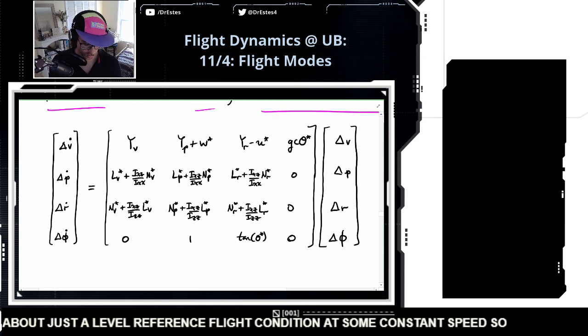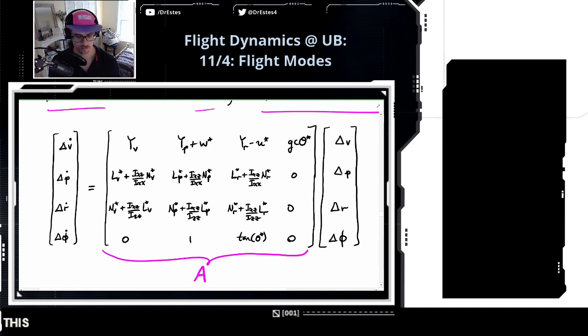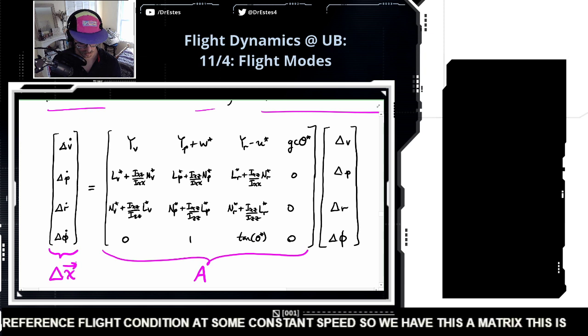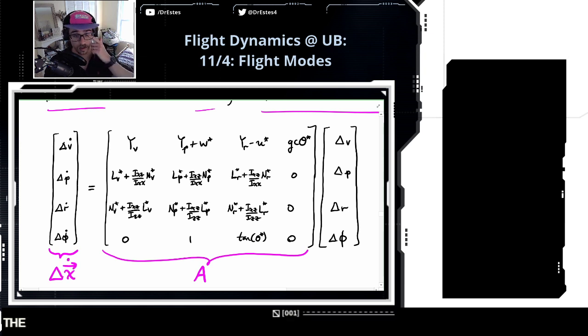So we have this A matrix. This is the time derivative of our perturbation states in physical coordinates.